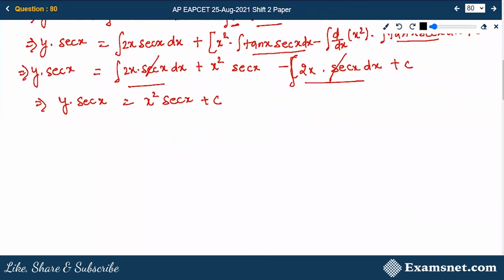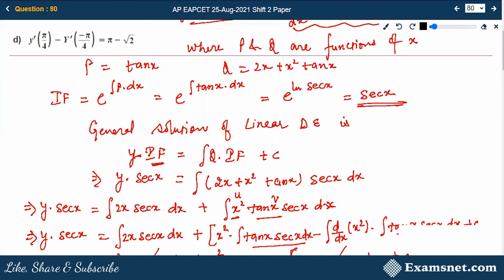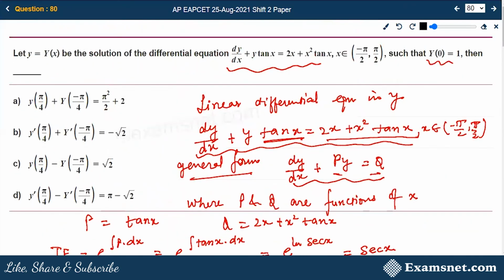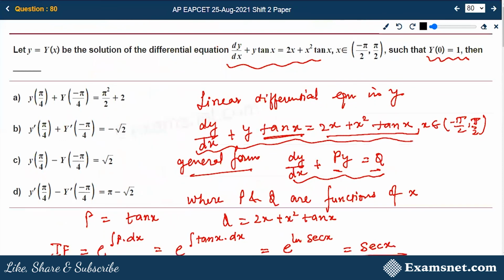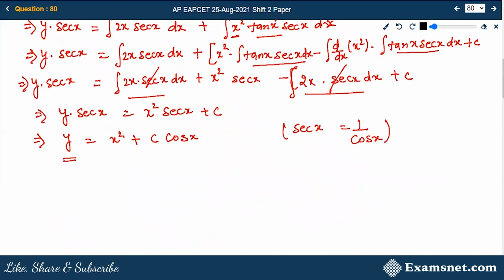Now dividing both sides by secant x, you will get y is equal to x square plus c into cos x. Why? We know secant x is equal to 1 upon cos x. Now you are also given one more thing in the starting: y(0) is equal to 1. That means when you put x is equal to 0, y is equal to 1.